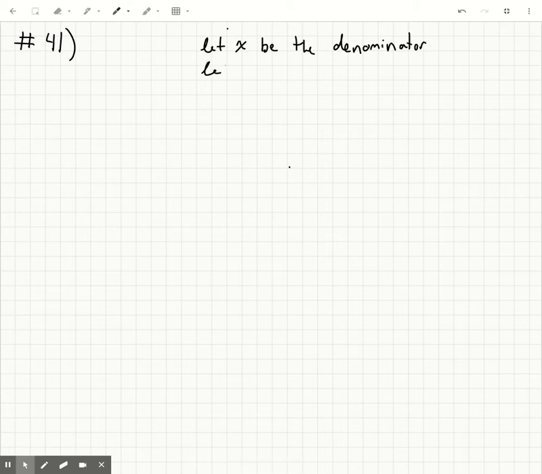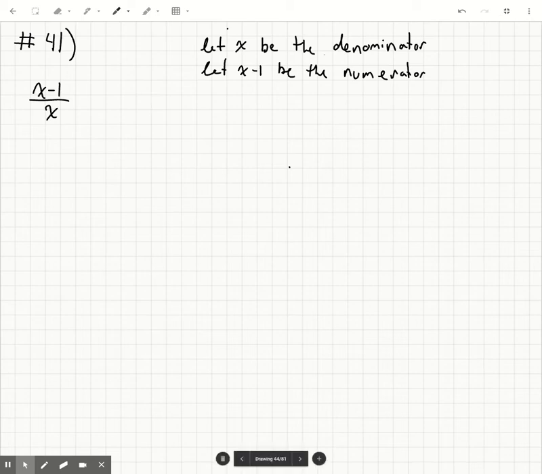So we're going to say let x minus 1 be the numerator. Okay, we've established that. Let's set up our fraction, that would be x minus 1 over x, right? So that shows that the numerator is 1 less than the denominator, okay?